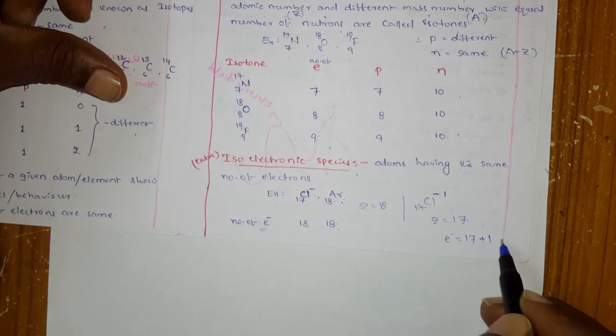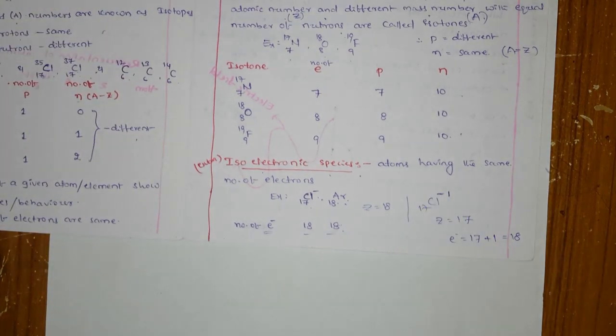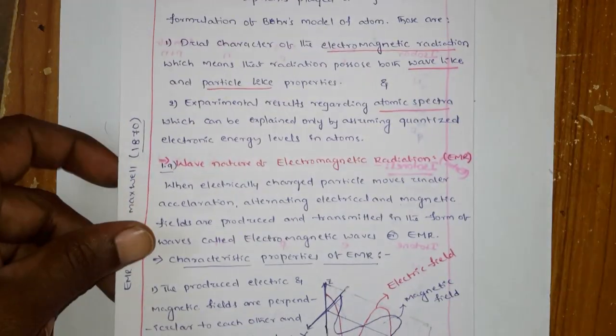You add it and get 18 electrons. So here the electrons are the same. Atoms having the same number of electrons are called isoelectronic species.